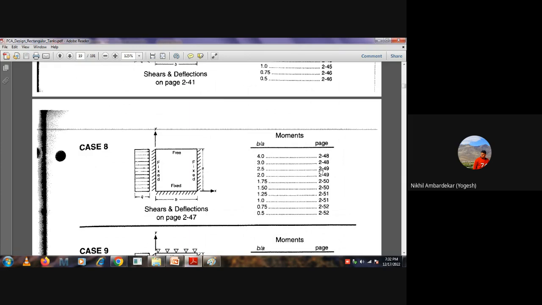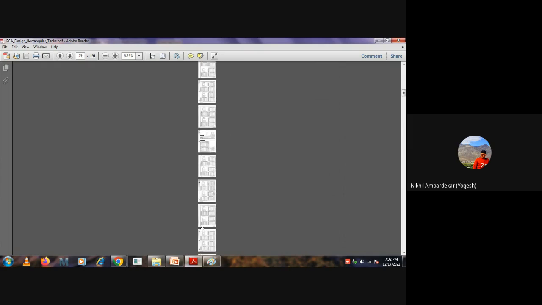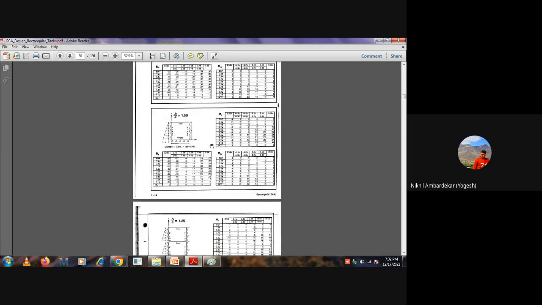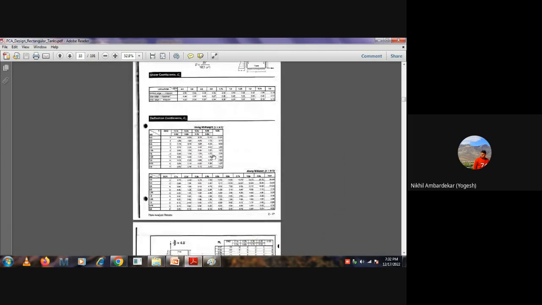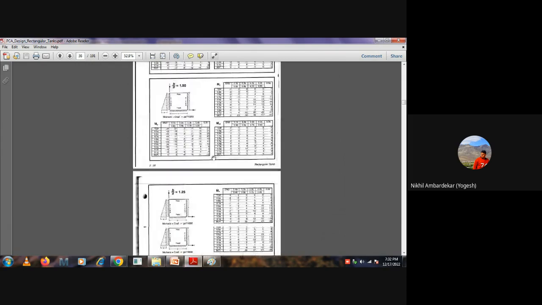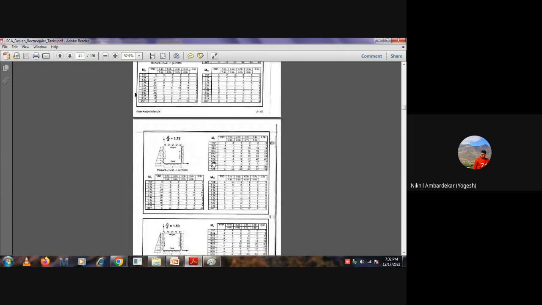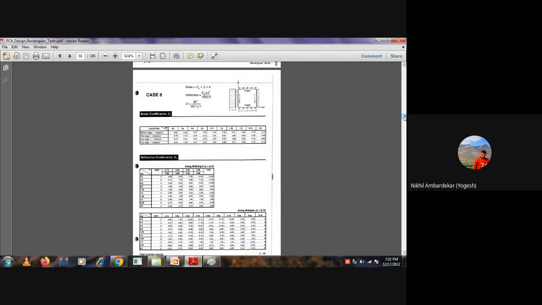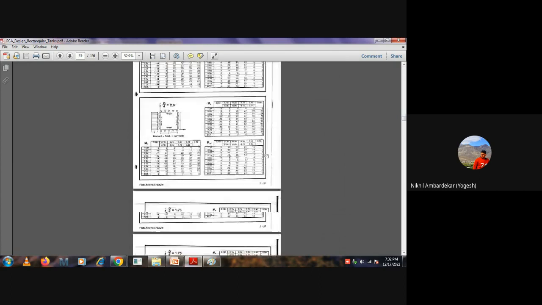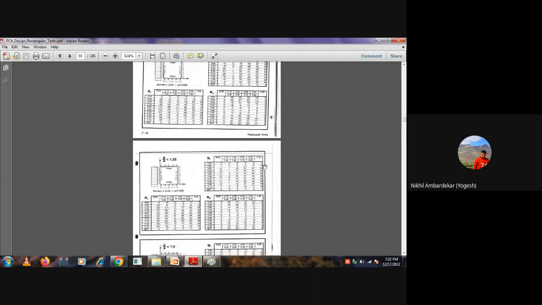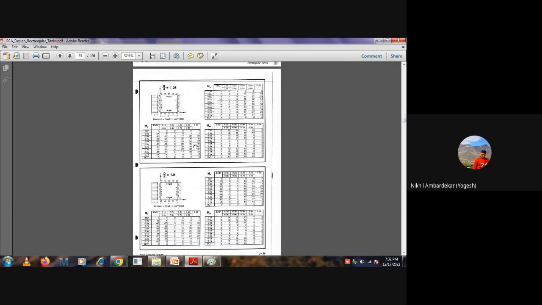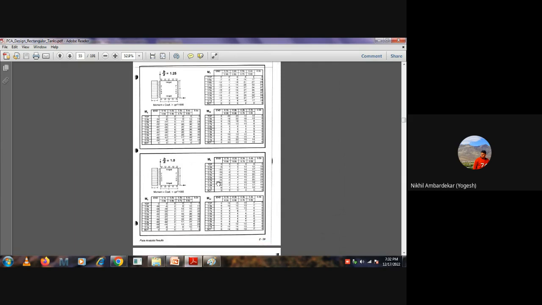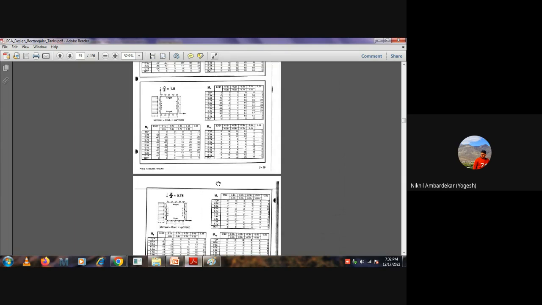So I will directly go to page number 2-49. What is our aspect ratio?